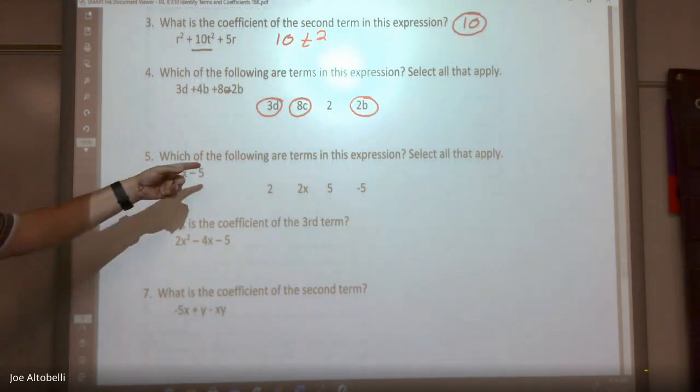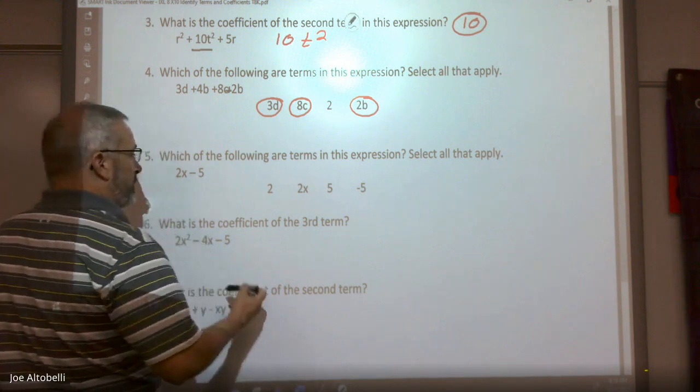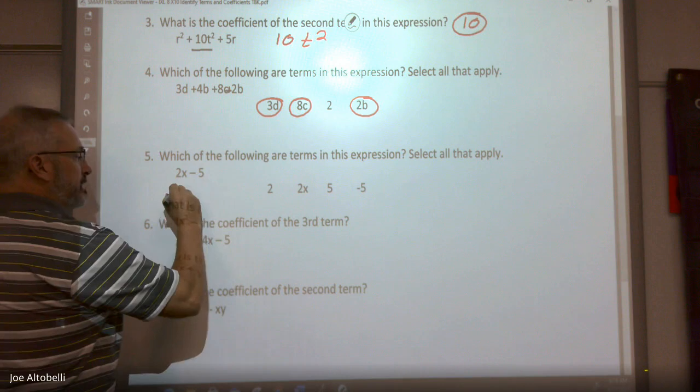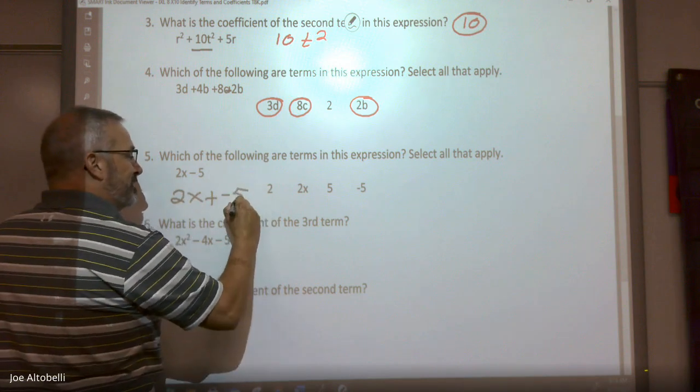All right, so which of the following are terms in the expression? Select all that apply. So go ahead, which terms? This is another example of where you need to understand subtracting is the same as adding the opposite. Because if we rewrite this expression, it's 2x plus a negative 5.